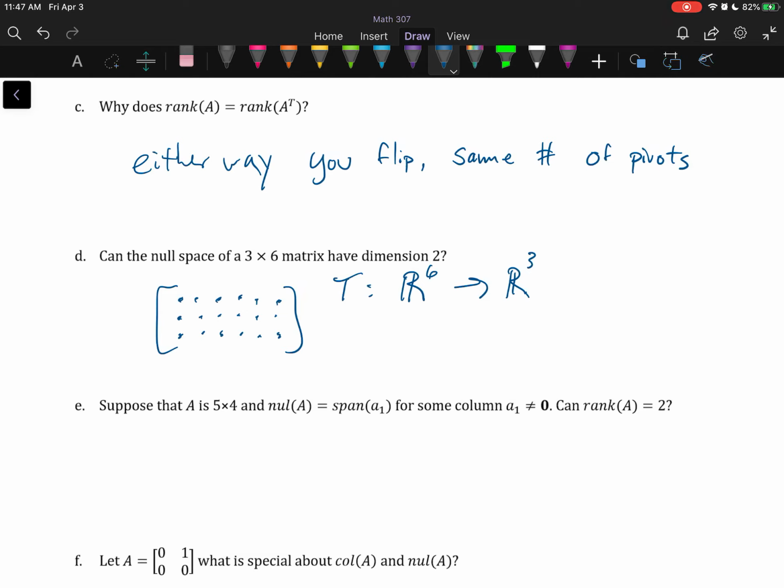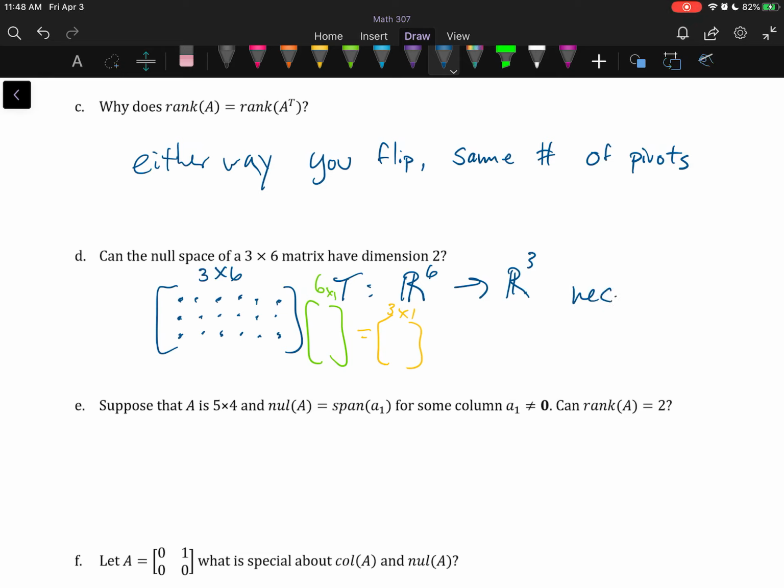If we're multiplying a 3 by 6 matrix, we would have to multiply that by a 6 by 1 vector, and in the end, that would give us a 3 by 1 vector as an answer. So this is a transformation from R6 onto R3, and therefore it is necessary to have at least 3 dimensions of squishiness.